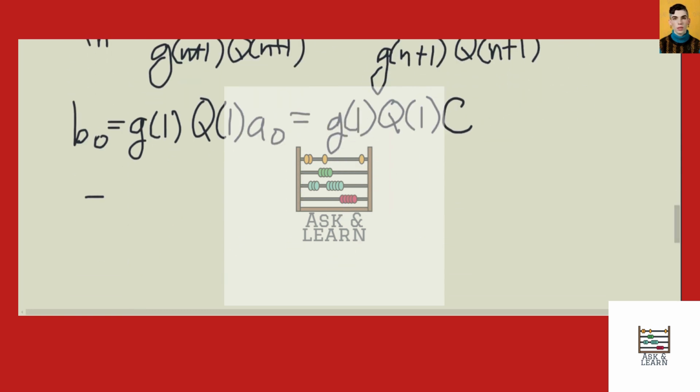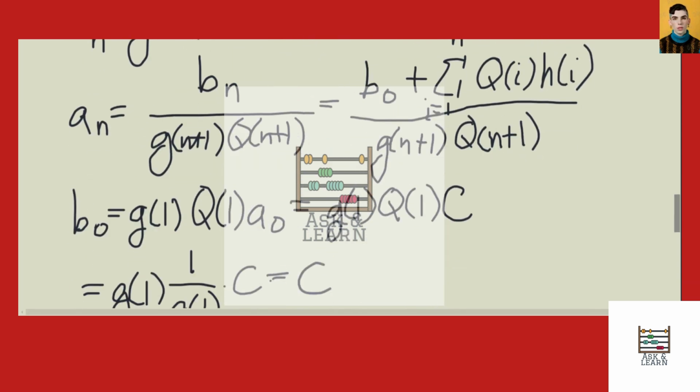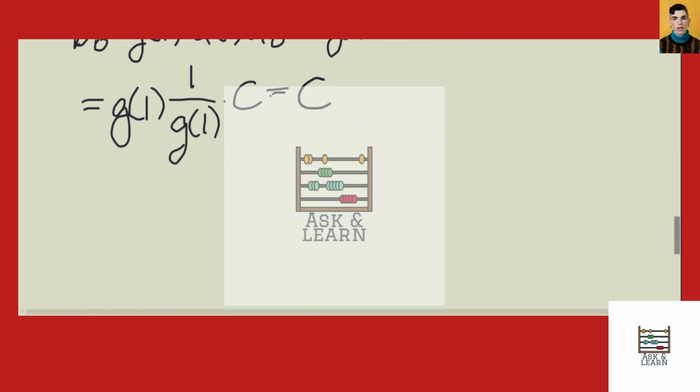And recall that q of 1 is going to be 1 in the numerator and g of 1 in the denominator. So we have that b0 is also c, and therefore we have that an is equal to c plus the sum from I equals 1 to n of q of I times h of I all over g of n plus 1 times q of n plus 1. And this is our answer.